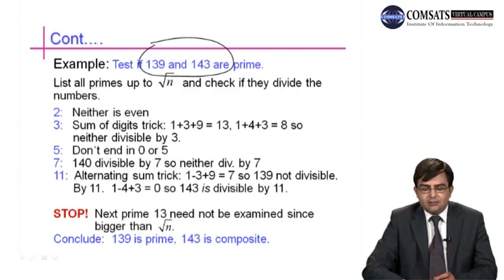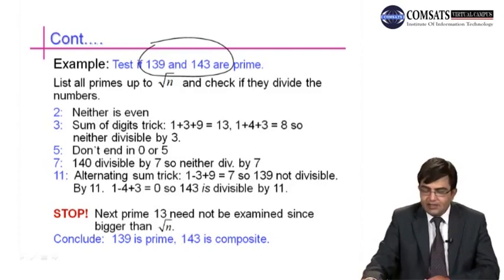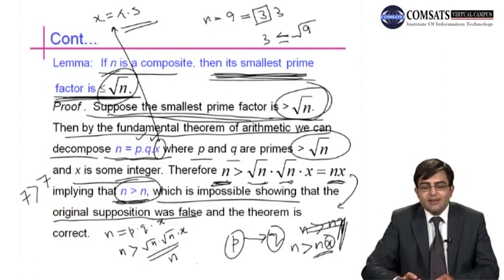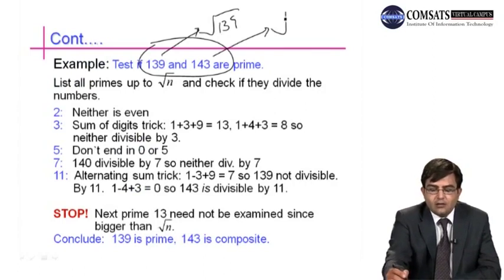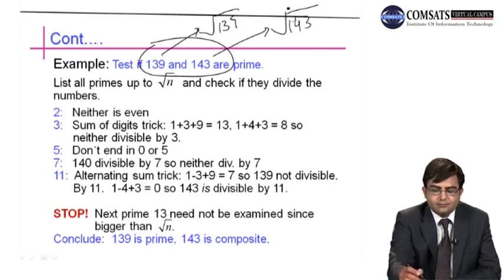We shall list all the prime numbers which are less than the square root of these numbers. As we have proved in this lemma, if n is composite, then its smallest prime factor is less than or equal to square root of n. Now list all prime numbers up to the square root of 139 and 143.